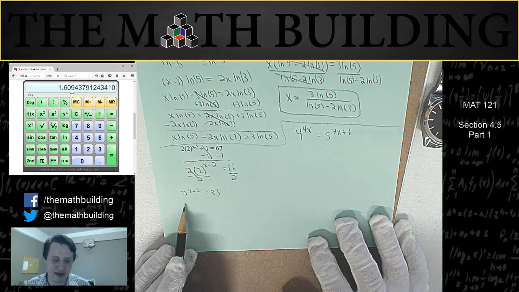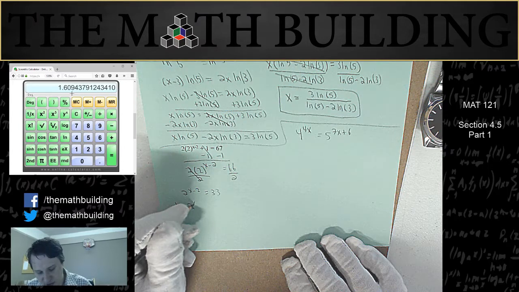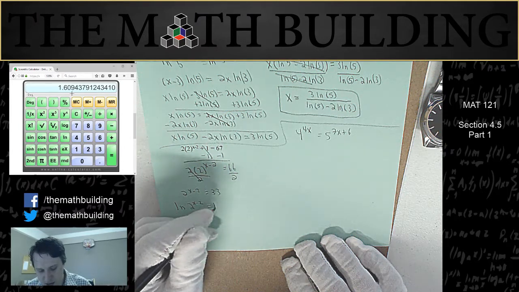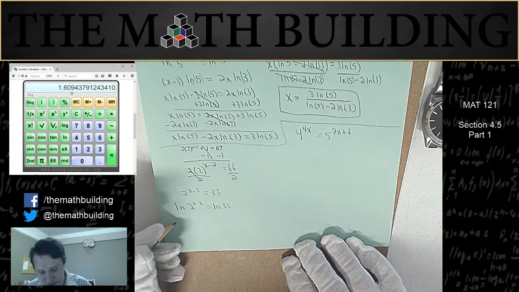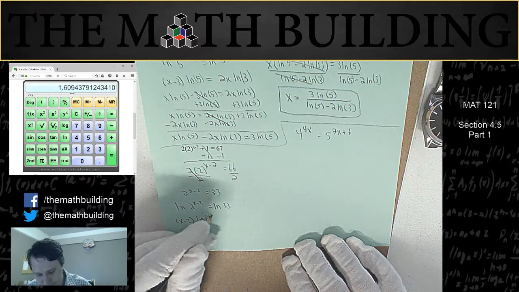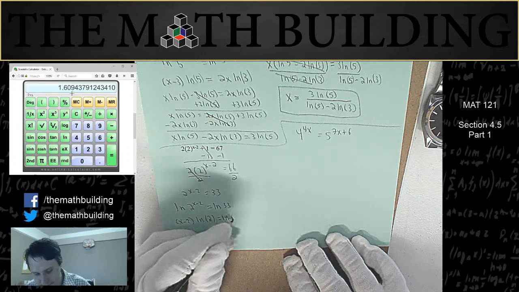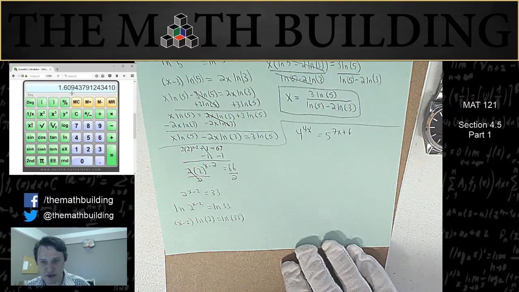And so now we can take the log. So we take the log, or the natural log, doesn't matter, log or natural log, of both sides. That allows us to bring the x minus 2 down. Like that. Almost done.